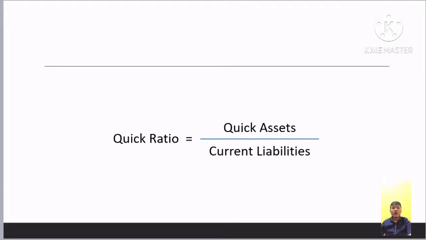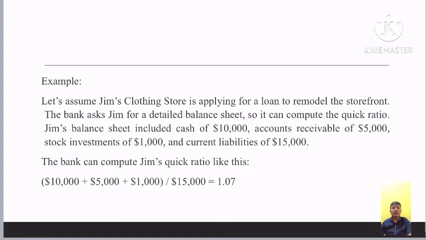And also to show you an example of quick ratio, let's assume Jim's clothing store is applying for a loan to remodel the storefront. The bank asks Jim for a detailed balance sheet, so it can compute the quick ratio. Jim's balance sheet included cash of $10,000, accounts receivable of $5,000, stock investments of $1,000, and current liabilities of $15,000.